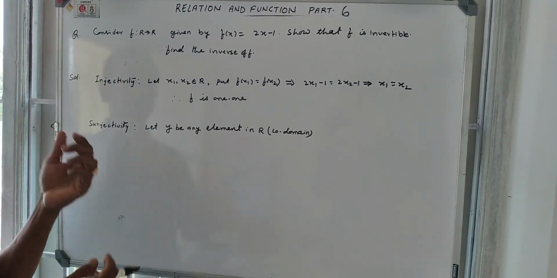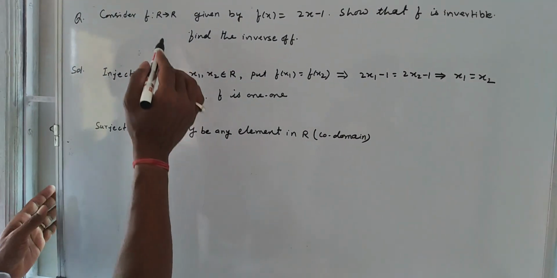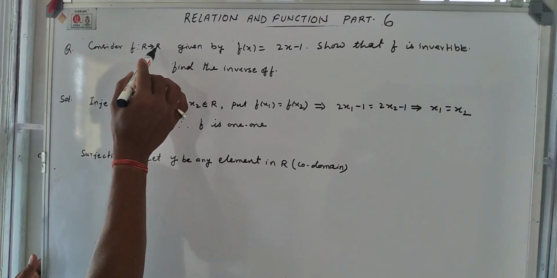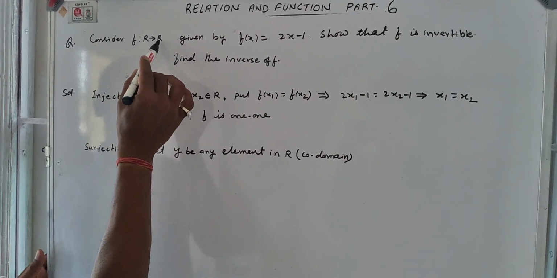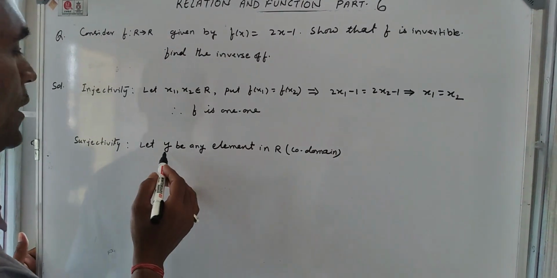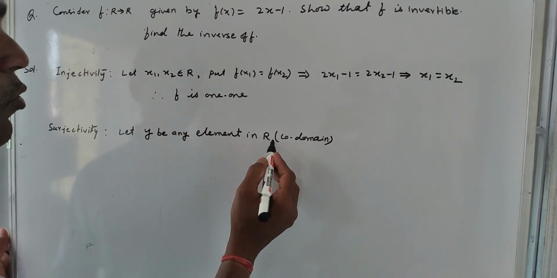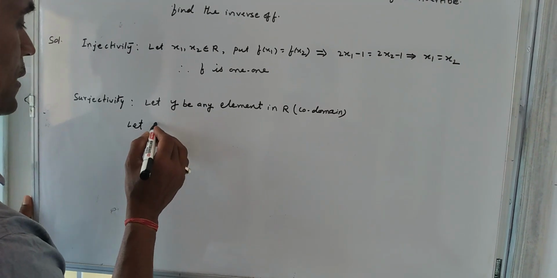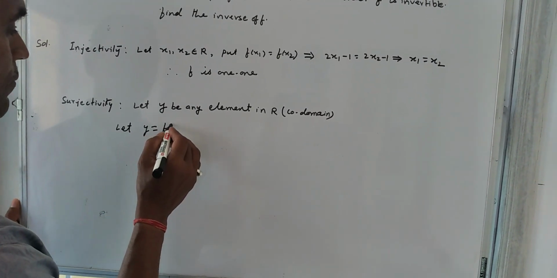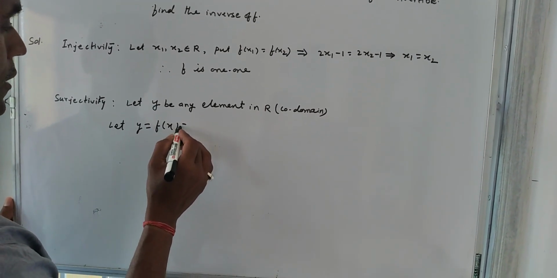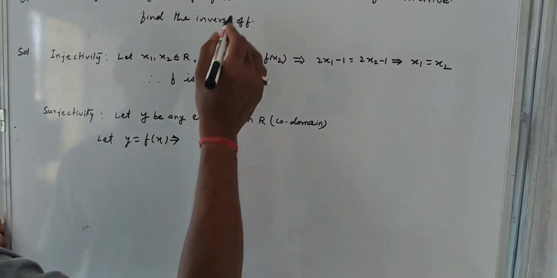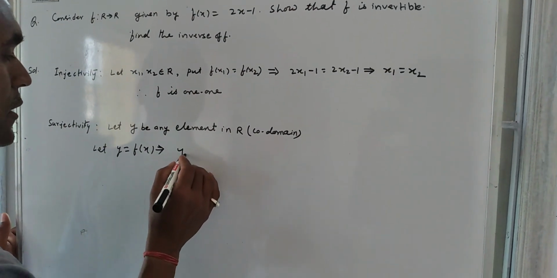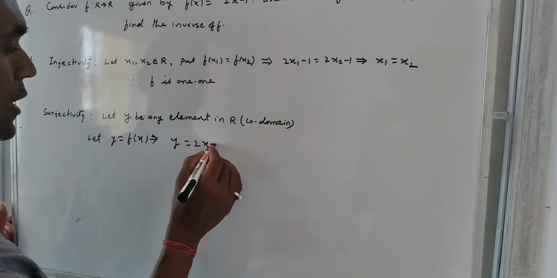Now surjectivity. For surjectivity we take any arbitrary element in the codomain R. So let y be any element in codomain R. Now let y equal f(x). Here f(x) is 2x minus 1. So y equals 2x minus 1.